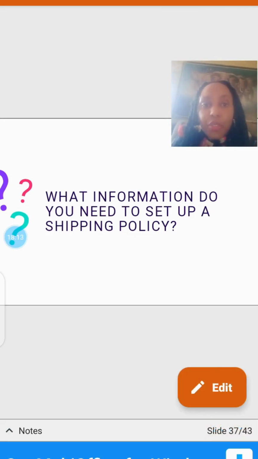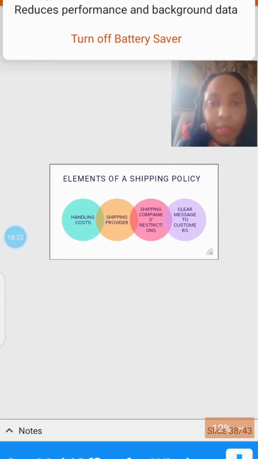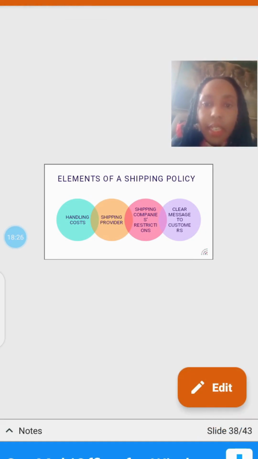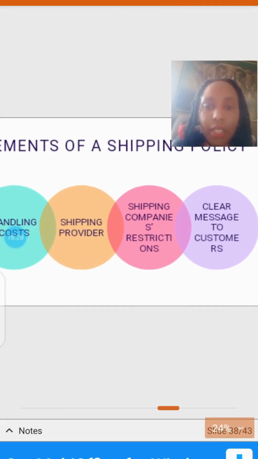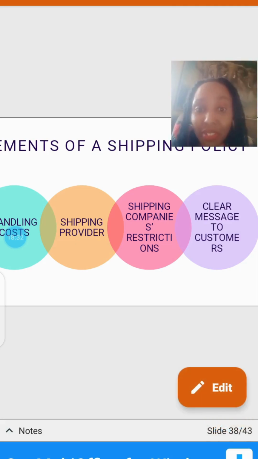What information do you need to set up a shipping policy? Let's talk about that. The elements of a shipping policy: handling costs, shipping provider, which provider you are using, shipping companies' restrictions, because even companies that do shipping have their own restrictions. Then clear messages to customers.